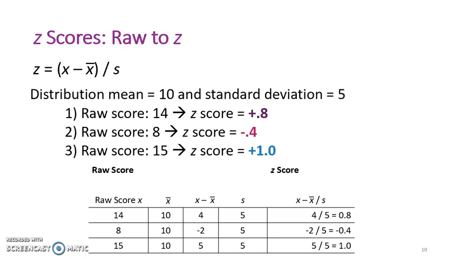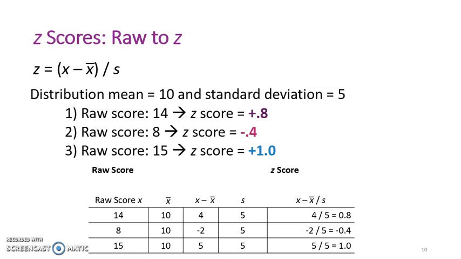And then I divide those numbers by the standard deviation, which I know is 5. This results in a z-score of 0.8 for the raw score of 14, a z-score of -0.4 for a raw score of 8, and a z-score of +1 for a raw score of 15.